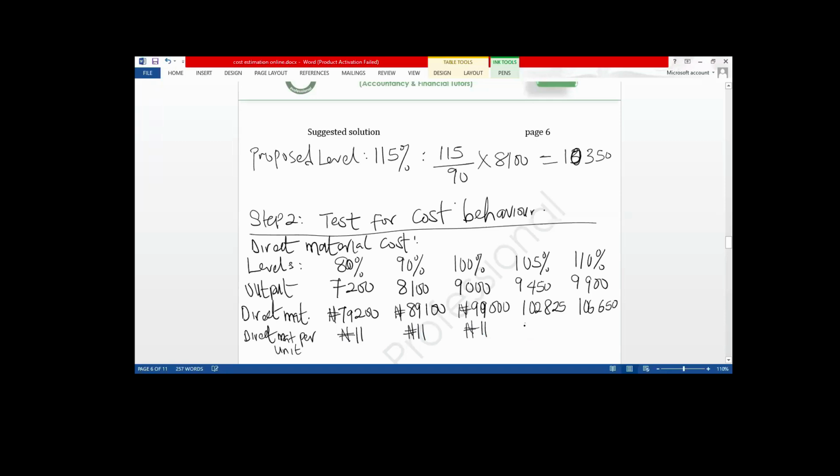Please, if there is fraction, take to 2 decimal places. 10.88, 10 Naira 88 kobo, and the last is 10.77, 10 Naira 77 kobo.